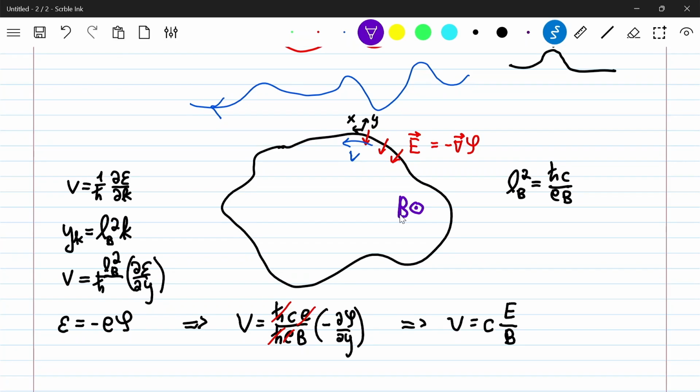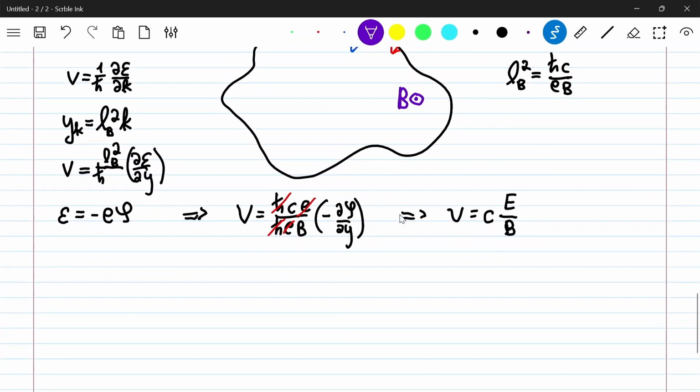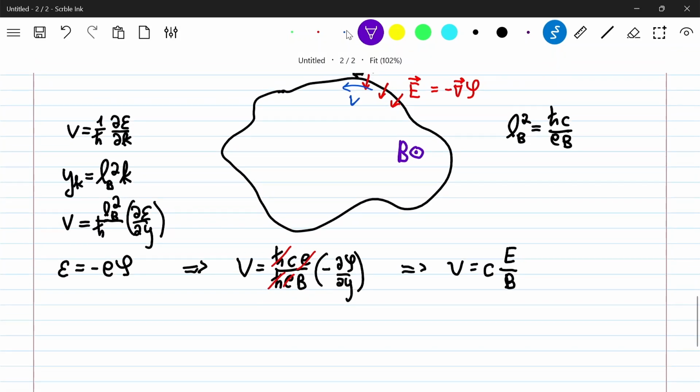If I want to write this equation more nicely as a vector expression, let me write it like this. So the velocity v is the velocity of light times, and this is just another way to write it, and maybe you've seen this in some context.